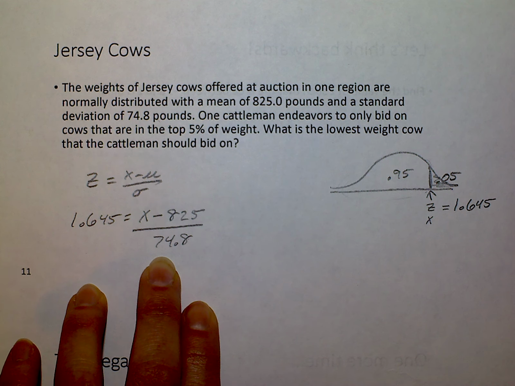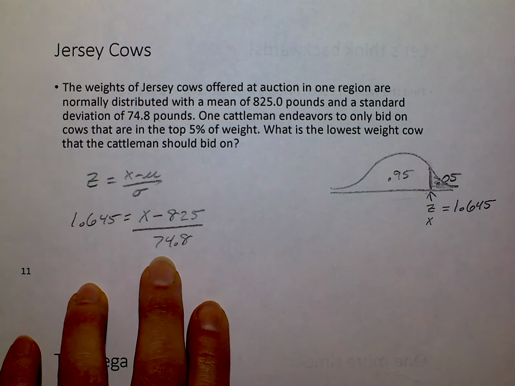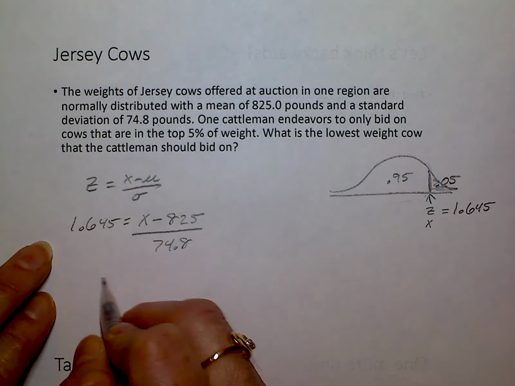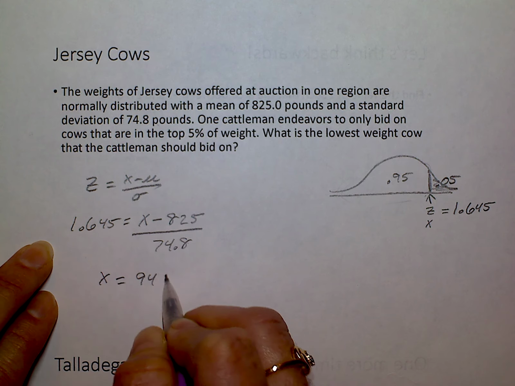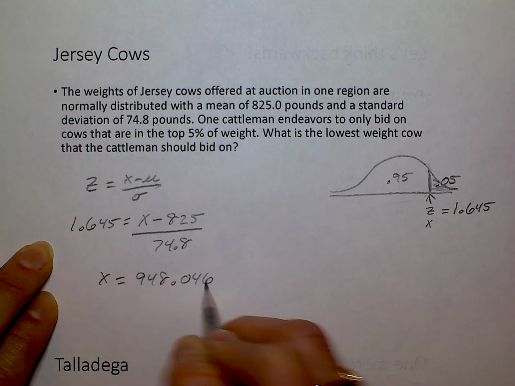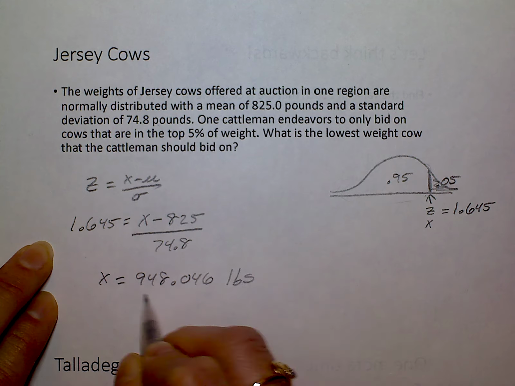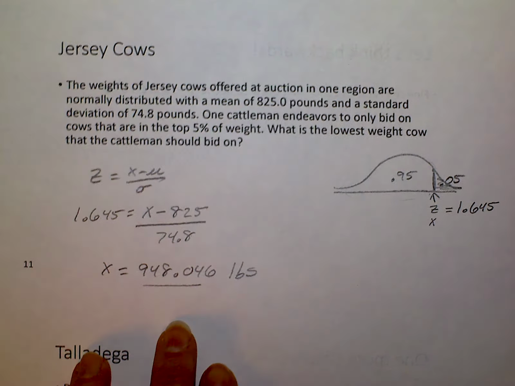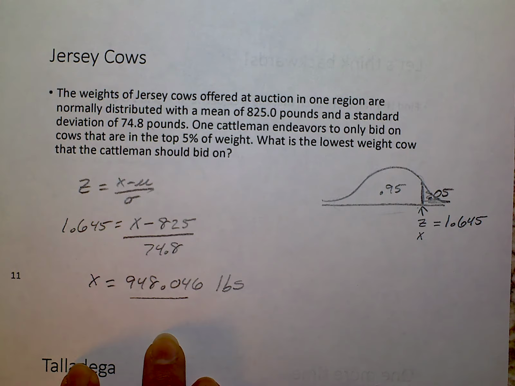I'm going to let you do that. Here's what I got. See if you got the same thing. This is the weight of the cow he is looking for. He wants all of his cows to be at least 948 pounds. Okay? Alright, we're going to do that one more time.